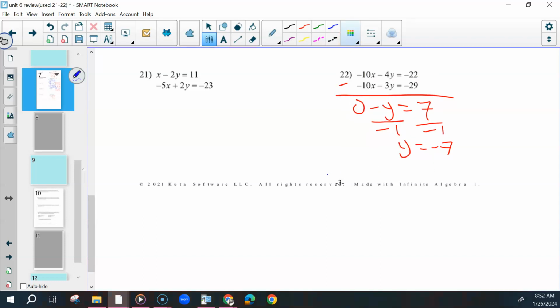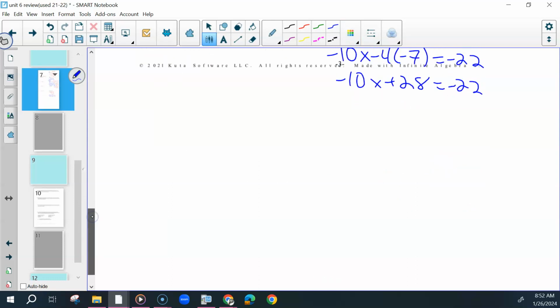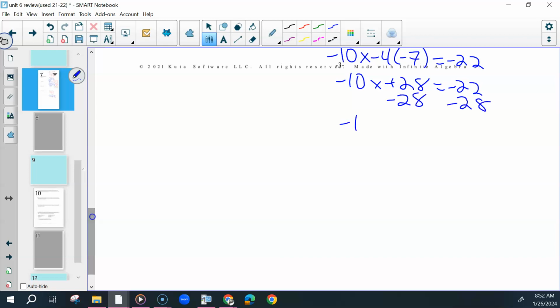I'm going to do the first one. Solve this. Let's see. Negative 10x equals negative 50.